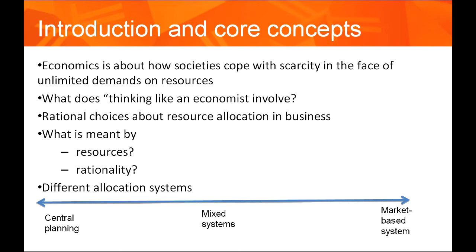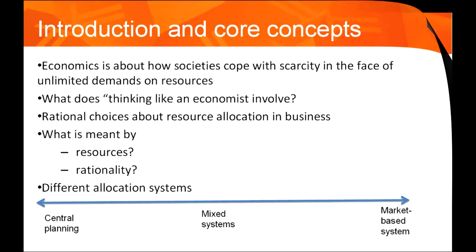In practice, of course, economies generally operate somewhere in between, some more to the left, some more to the right. Australia is in the middle somewhere in that some decisions are made via markets, whereas some are made through government.